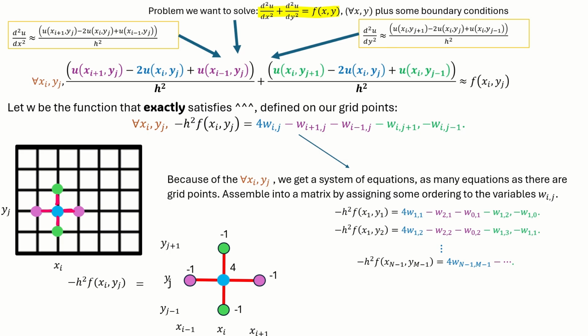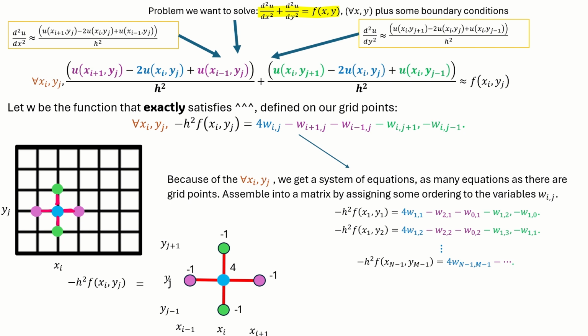Because we have a finite number of points at which we need the discrete version of our statement to be true, we end up producing a finite number of linear equations that we then solve as we would solve any linear system of equations. The variables here being w_ij, which are the values of our approximation w at each grid point ij.